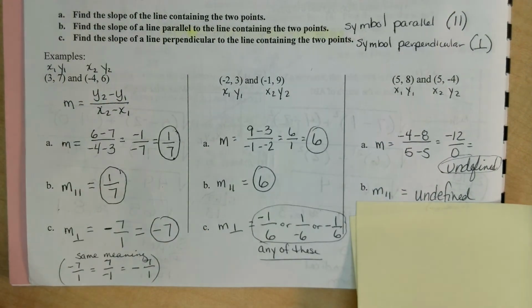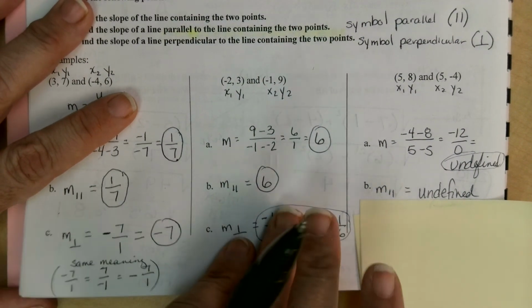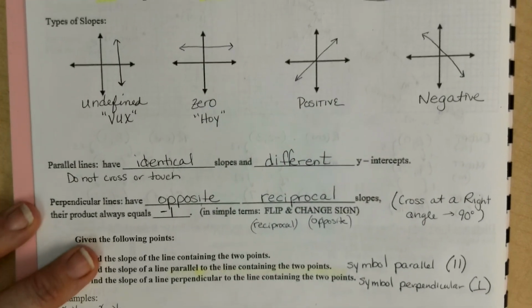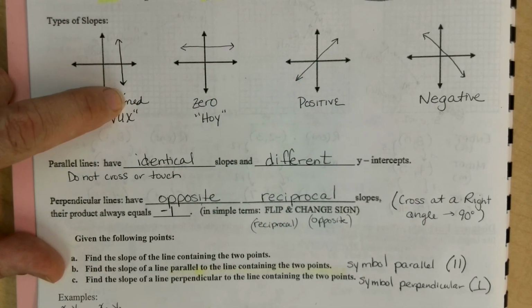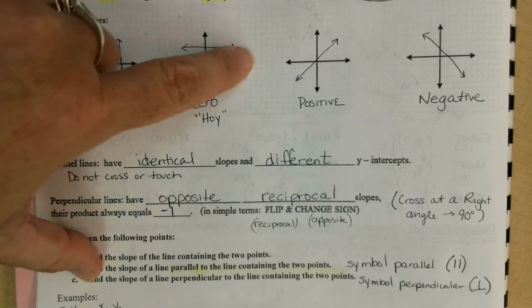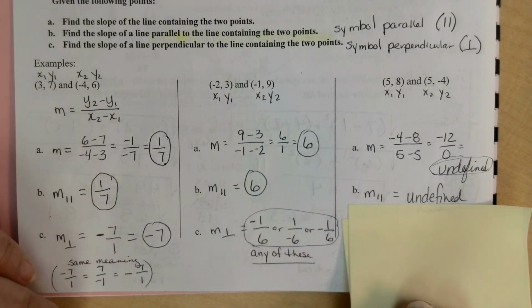But now the trick comes in: what am I going to do with perpendicular? Well, the reminder comes from, if I slide my book back down, remember that undefined comes from a vertical line. So what is perpendicular to everything that's vertical? Horizontal. So when you were doing C, this was my trick.